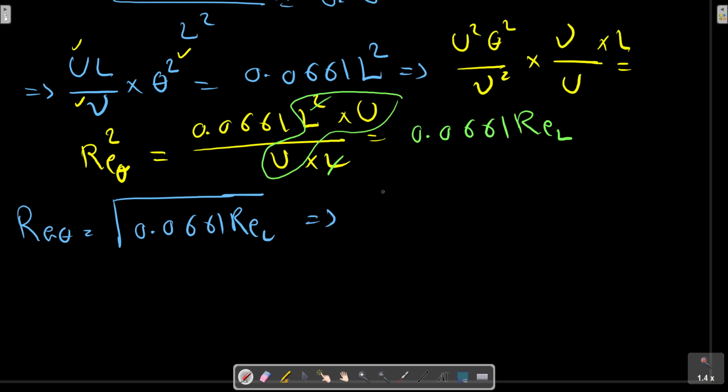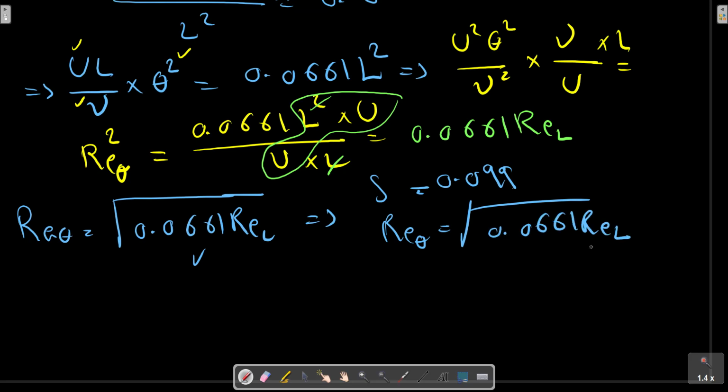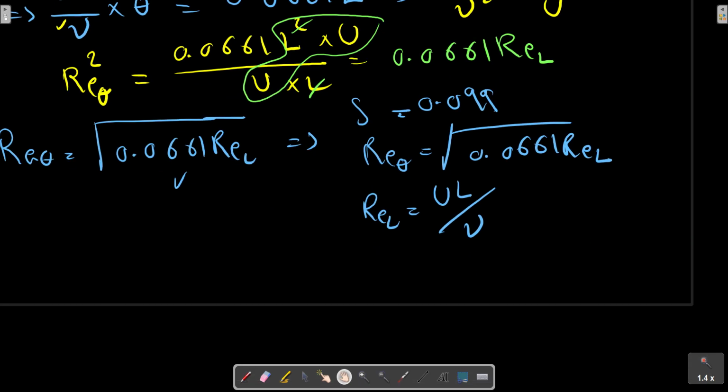So we now have the S factor, which was Reynolds theta, obtained here, times root of Reynolds L, and Reynolds L equals U L on nu, which we replace in the relation for CF.